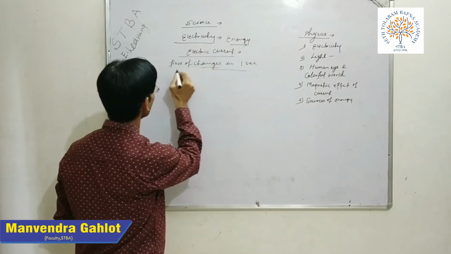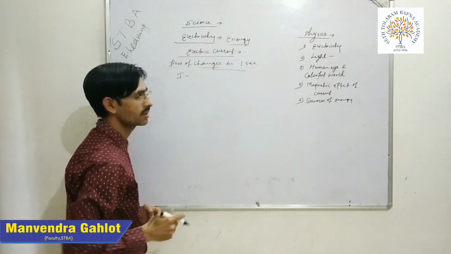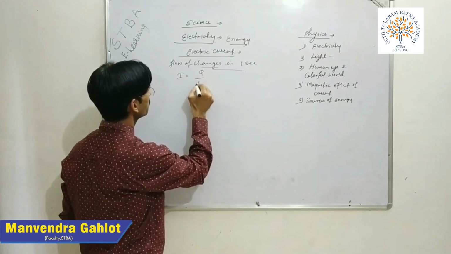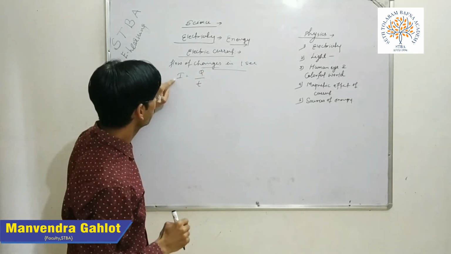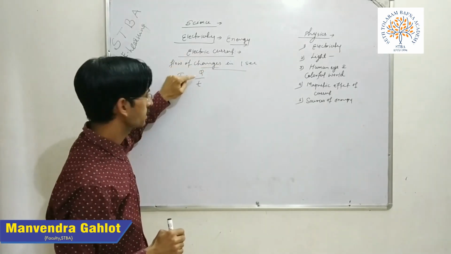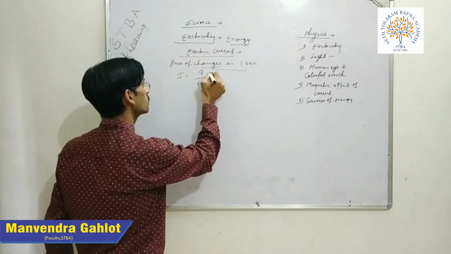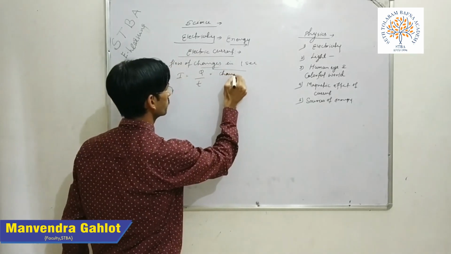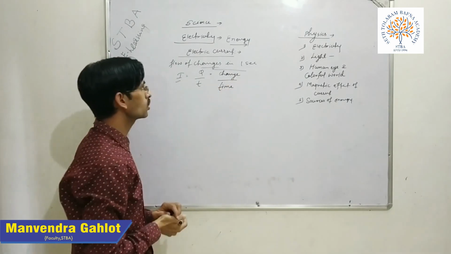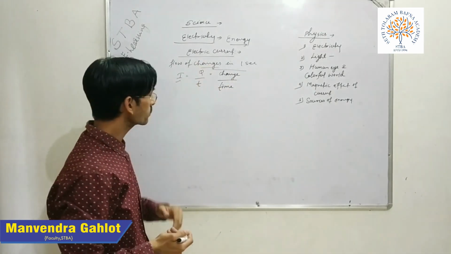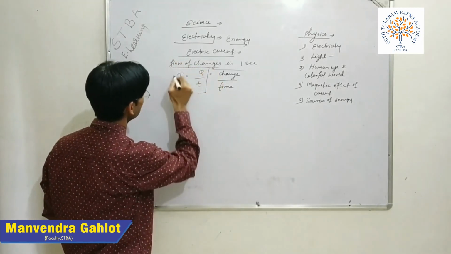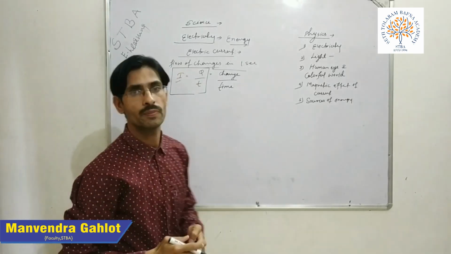If you define the electric current and indicate it by a symbol, I equals Q upon T. I indicates electric current, Q is charge and T is time. So electric current equals charge upon time. That means we can write the formula of electric current: I equals Q upon T.